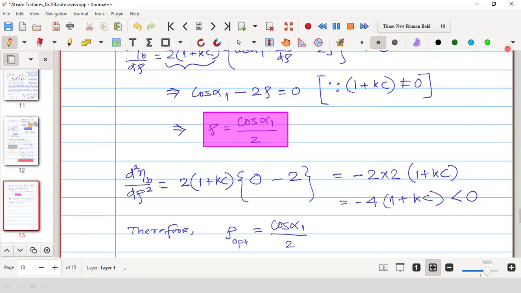This is the optimum blade speed ratio for maximum blade efficiency.